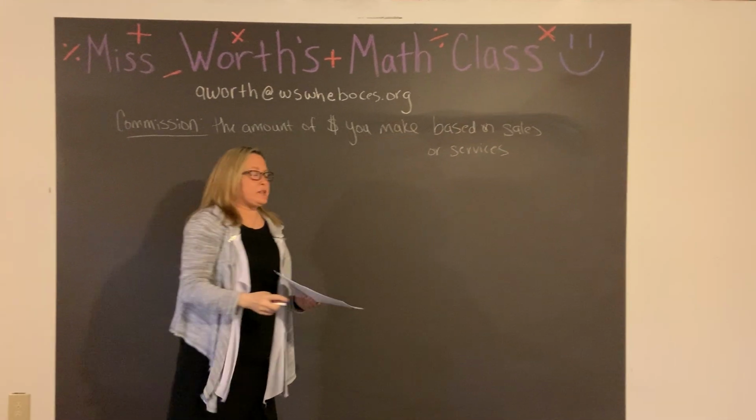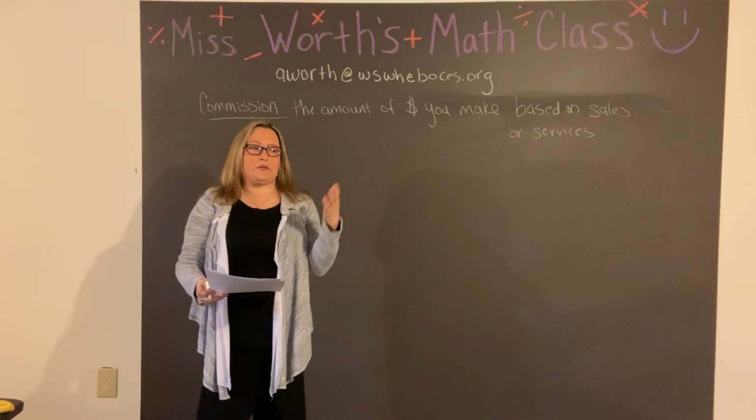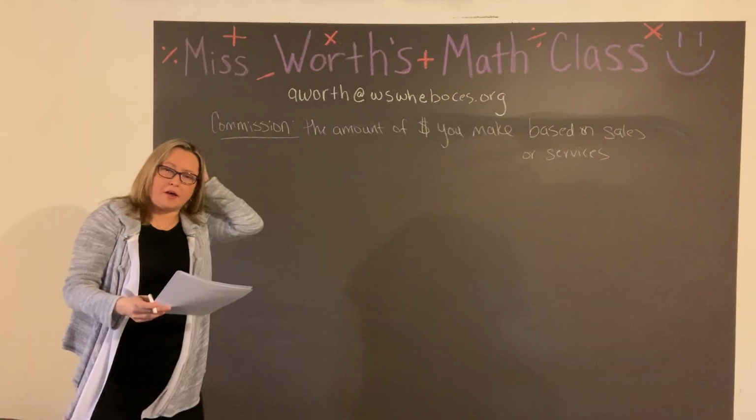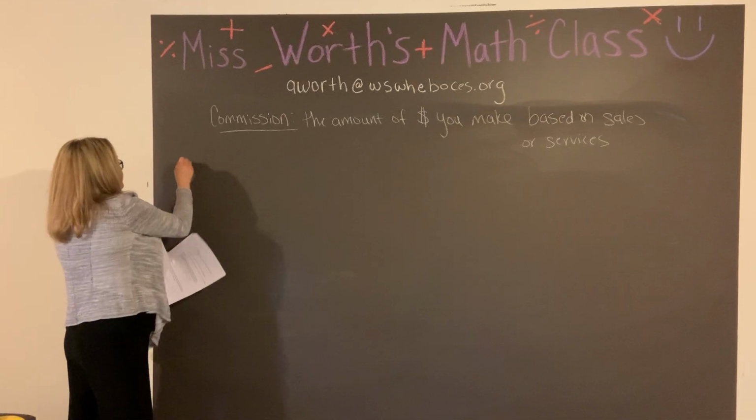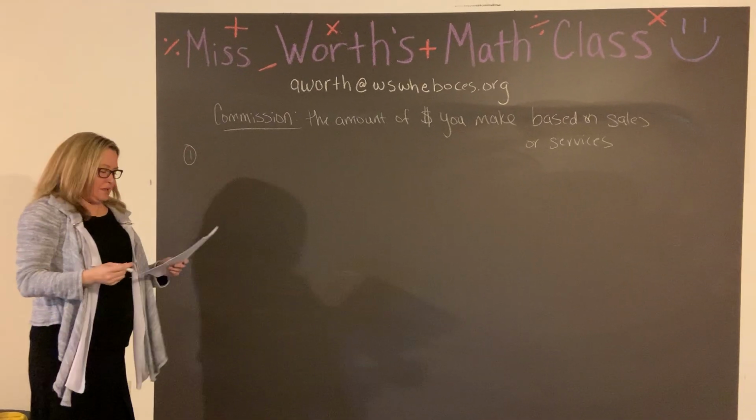If you remember, we've talked about benefits to commission. We've also talked about drawbacks to commission. Now I'm not going to spend too much time on this, but what I want to look at is the examples. I want to walk you through 2 of them again.